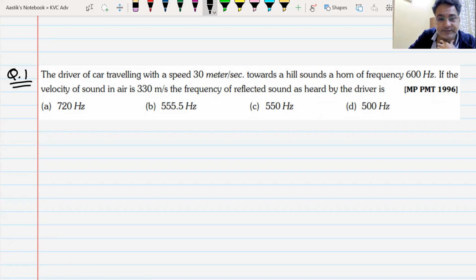Do it fast. 720 hertz is correct. You just have to put the formula. Shall I do it or have you understood this? Everyone has understood this? Okay.